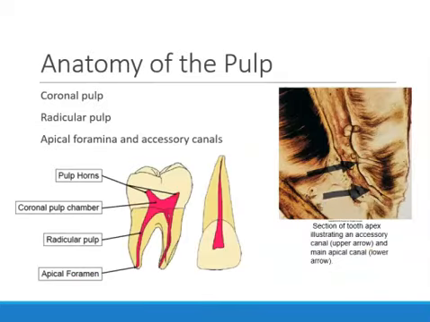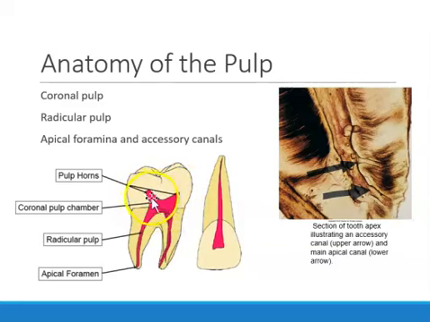So if we look at the anatomy of the root, there's two pulps. There is the coronal pulp. The coronal pulp is the one that's on the crown. And then there's the radicular pulp, and the radicular pulp is the one that's on the root. And so my question to you is, where do you think you see more pulp? Do you see more pulp on the radicular pulp, or do you see more pulp on the coronal pulp?